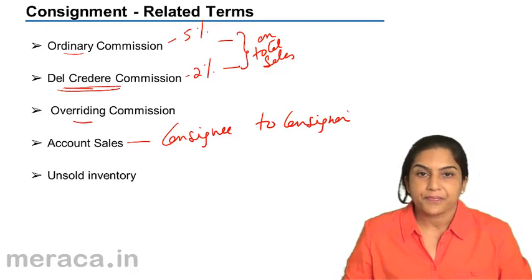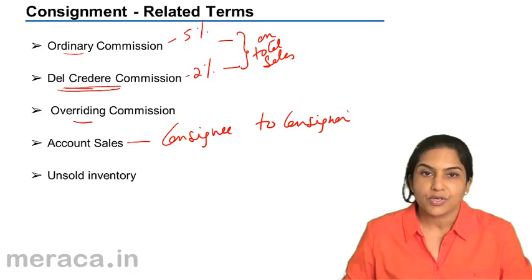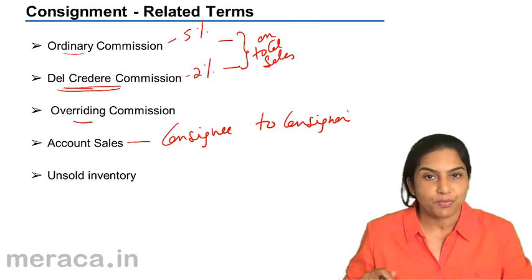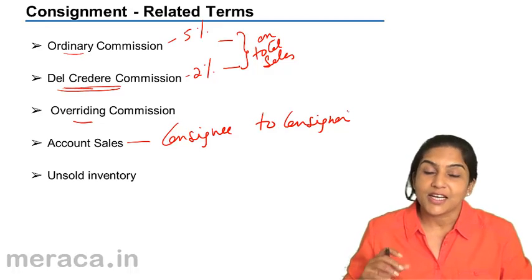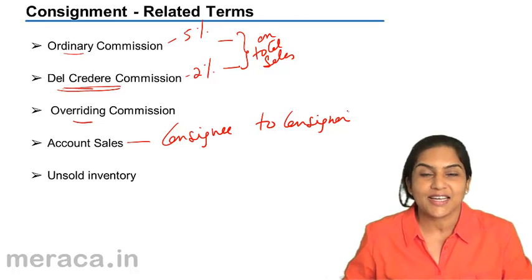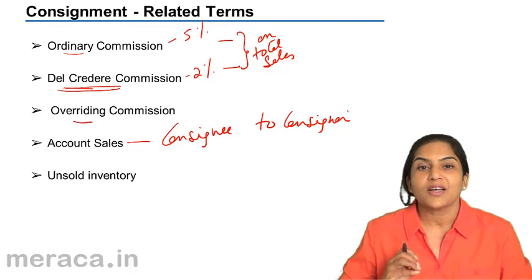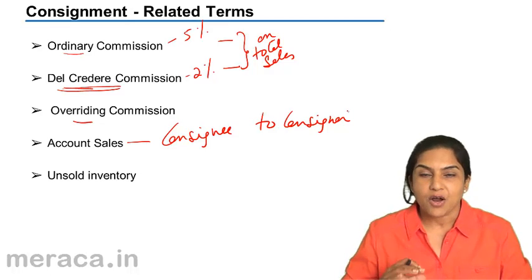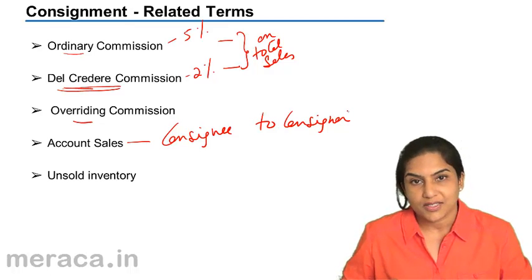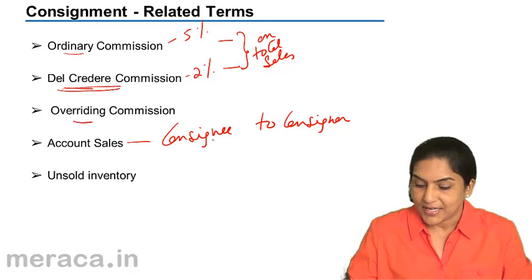This contains the details of the sales made, the quantity of stock which is not sold, the expenses incurred by the consignee which need to be reimbursed by the consignor, the commission which is due to the consignee, any details of advance which the consignee has already paid to the consignor, and what is the balance due to the consignor. So usually the account sales contains the balance due by the consignee to the consignor. It is a statement sent by the consignee to consignor.